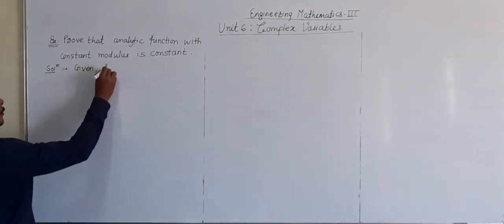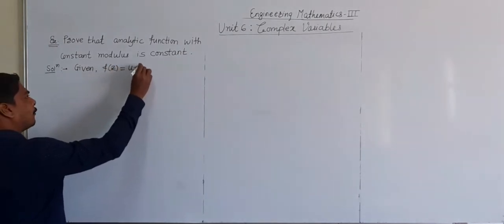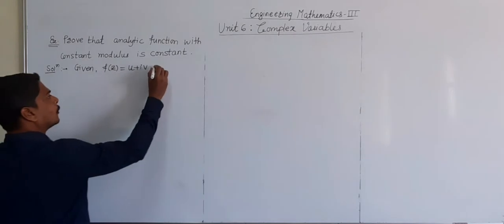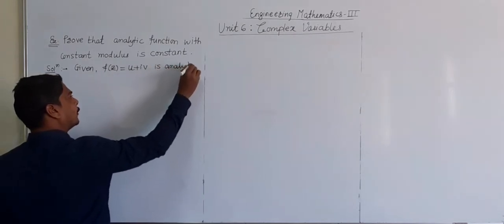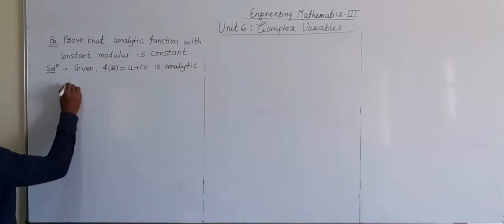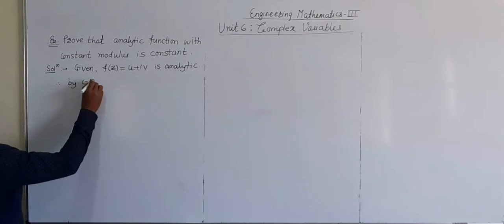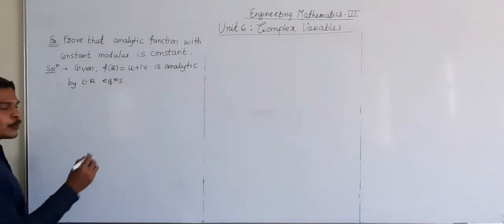Given f of z is equal to u plus iv is analytic. Okay, so this function is analytic. Therefore, by CR conditions or CR equations, what are the CR equations?